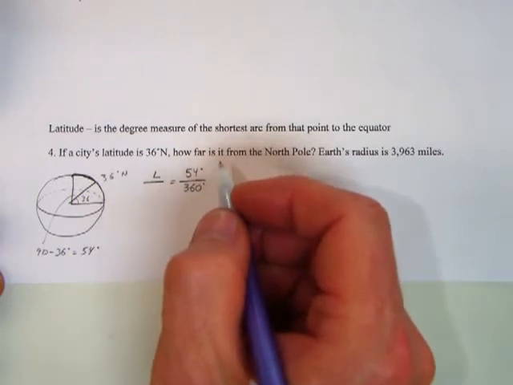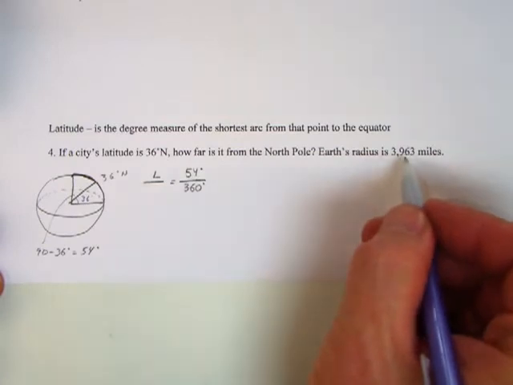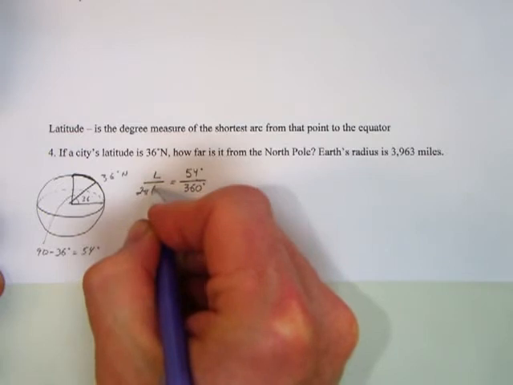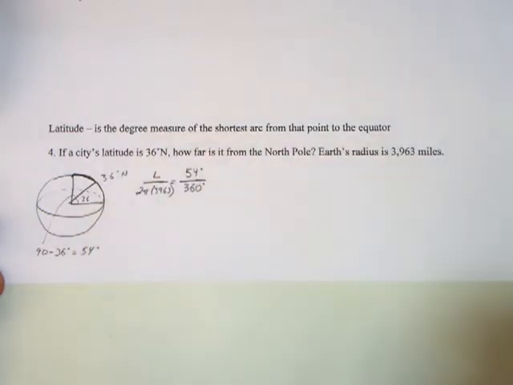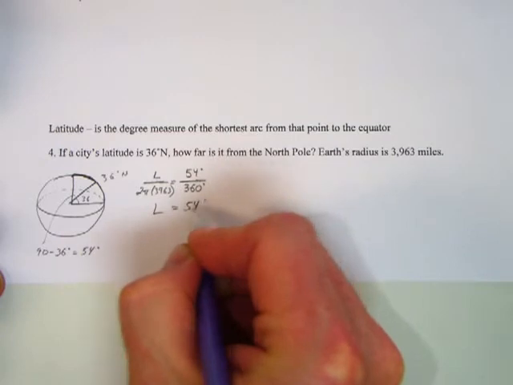That would be 2 pi r. So we would have 2 pi times 3,963 miles. So let's solve for that.